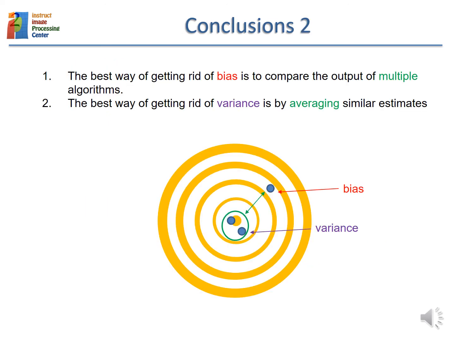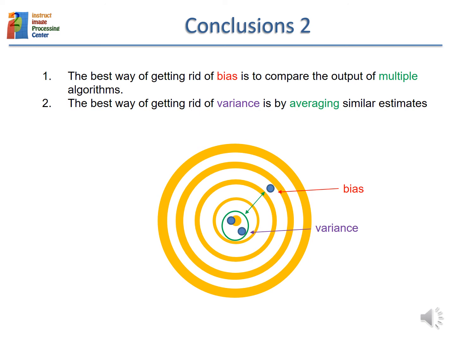As final conclusions, the best way of getting rid of bias is to run the algorithms multiple times, and ideally with different algorithms to estimate the same thing, so that you can identify disagreements between the sets of parameters.